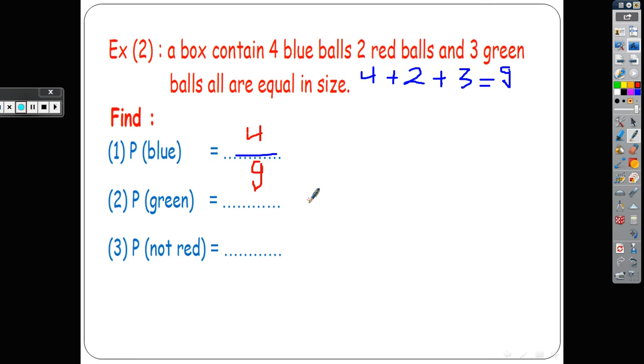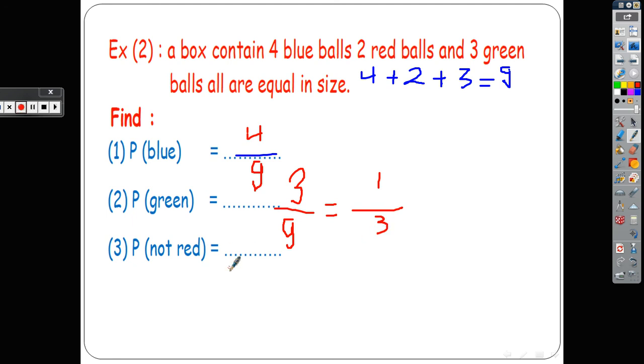What is the probability of the green? How many green are there? 3. You write 3 over the total, 9. Now you can simplify this fraction. 3 divided by 3 equals 1, and 9 divided by 3 equals 3.